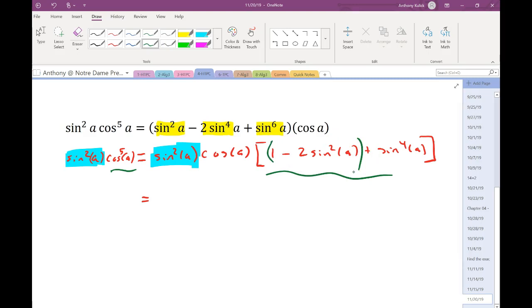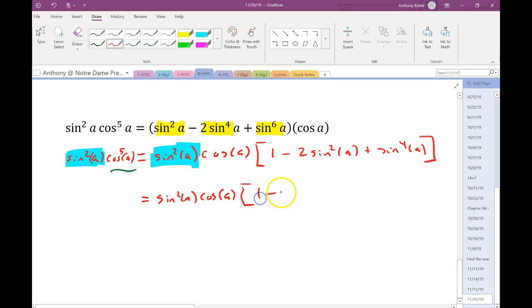But the first Pythagorean identity would be 1 minus sine squared A, not 2 sine squared A. You see the difference there? So you can't use P1 the way it's written there. You could, though, if you wanted to try to do it that way, which is fine. You could think about it this way.